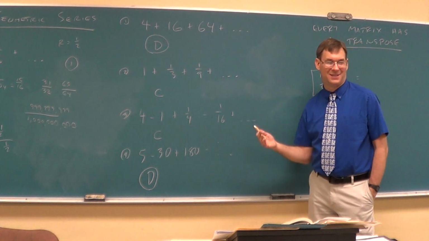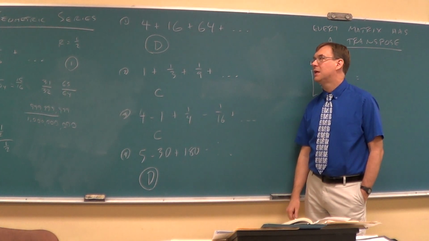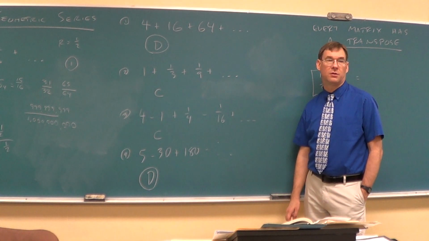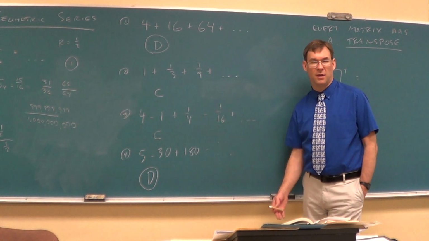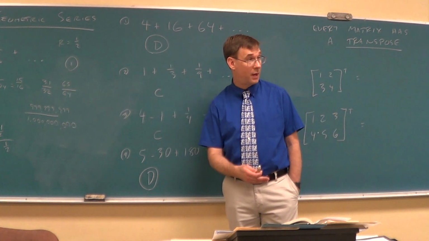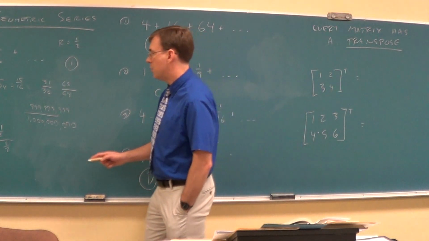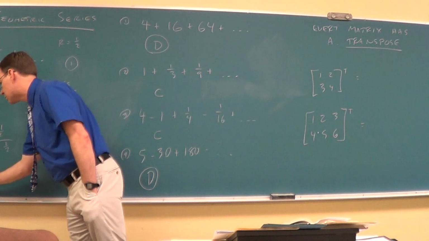Fractions for what? What's the key word behind anything geometric? It is multiplying, but then there's a vocabulary word. Powers are involved. Okay. Ratio. Ratio is the key word. So these somehow have something to do with the ratios.